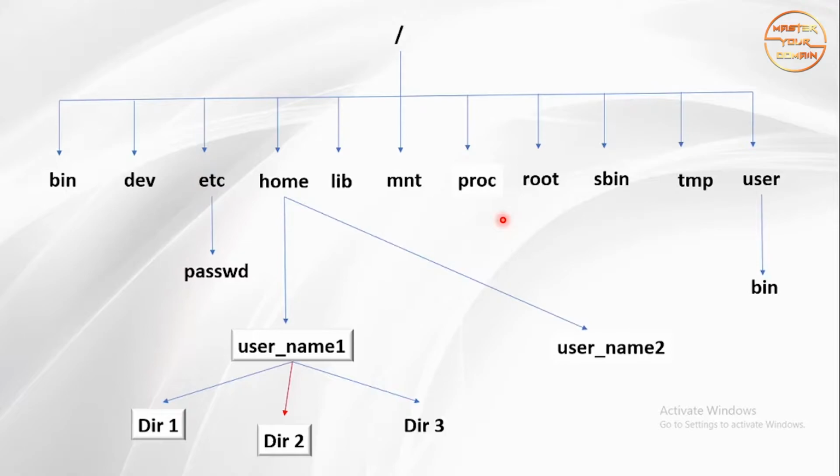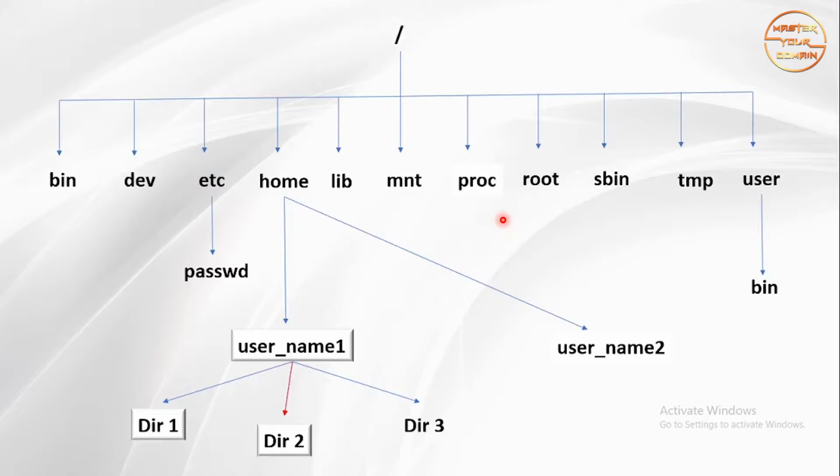Cd means change directory. So you give the command cd, then a space, and then the path of the particular directory where you want to go. Path means the complete specification of where the directory is currently stored.